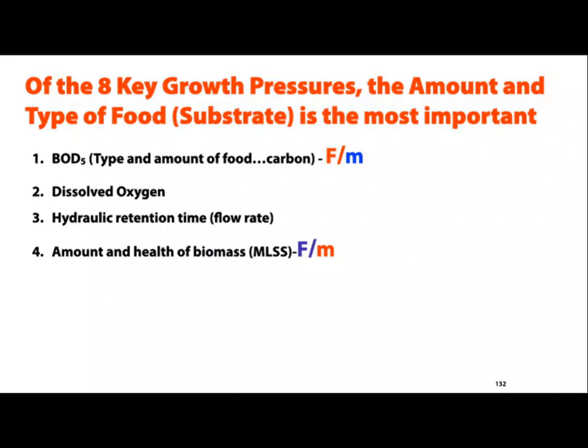Okay. The amount and health of the biomass. The amount of the biomass is the other half of the F to M equation. That's the M part. I put the health of the biomass in there too because we see systems that have, I'll give you a case in point.